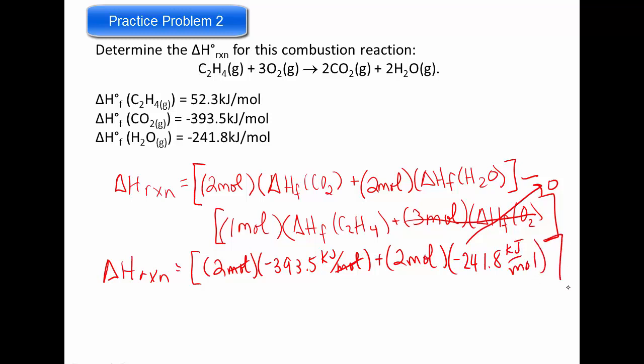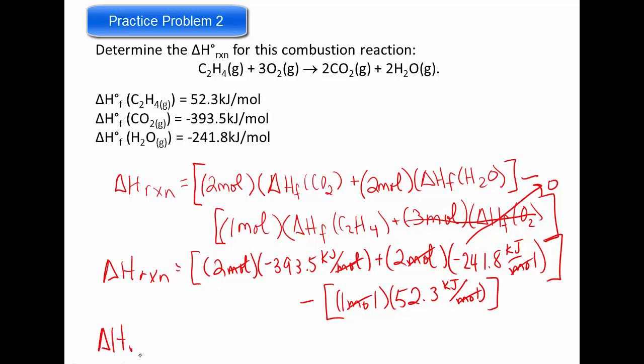Once again, those moles cancel out, and we're going to subtract from this 1 mole times 52.3 kilojoules per mole. The moles cancel out.